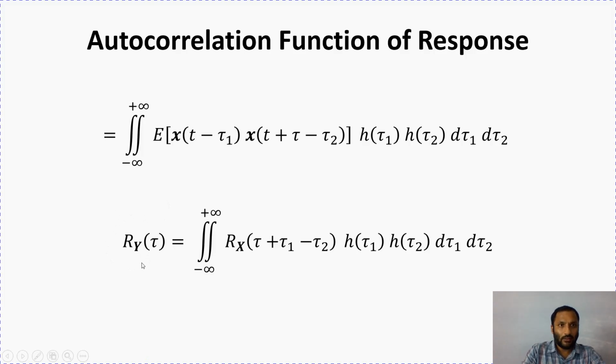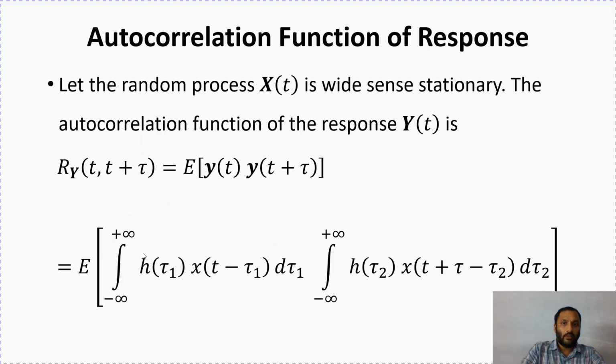It is very important to see that. So the outcome is that when your input capital X of t is Wide-sense stationary, then the output of a linear time invariant system, it cannot be any type of system, the system should be a linear time invariant system, will also be a Wide-sense stationary process.